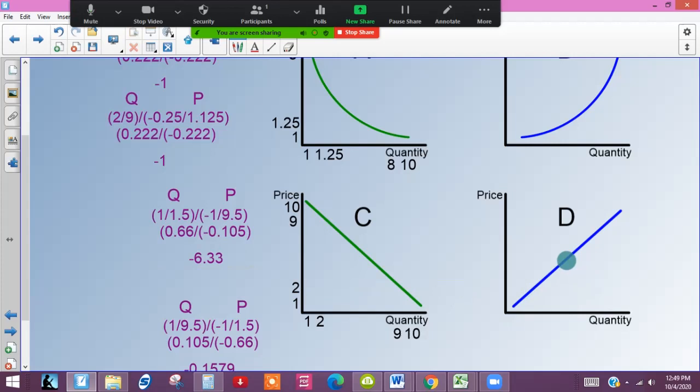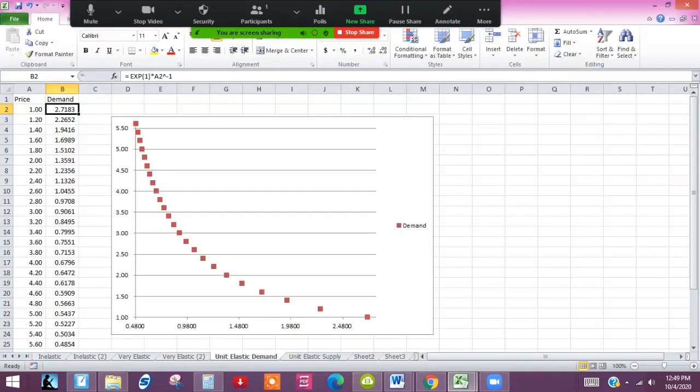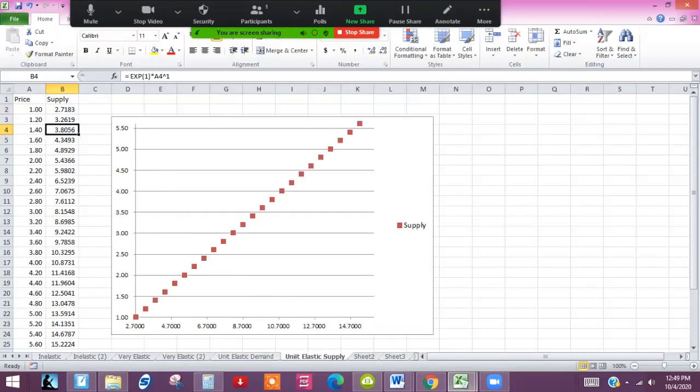And I actually did a graph of one just so you can see it. Right here. So this is what a supply curve looks like with a constant elasticity of 1, constant unit elasticity of supply. Okay.